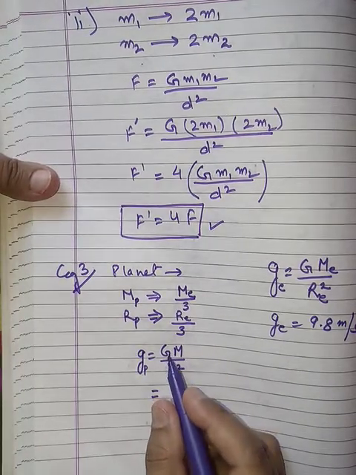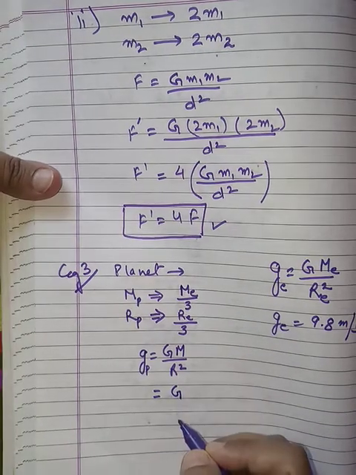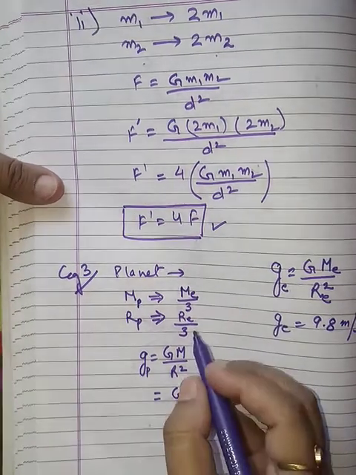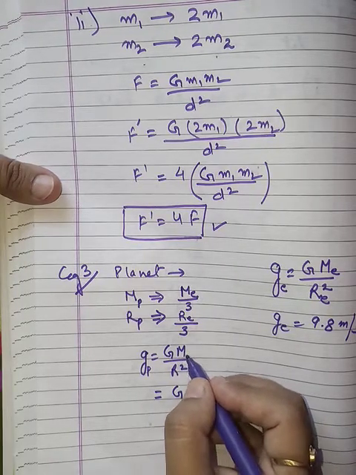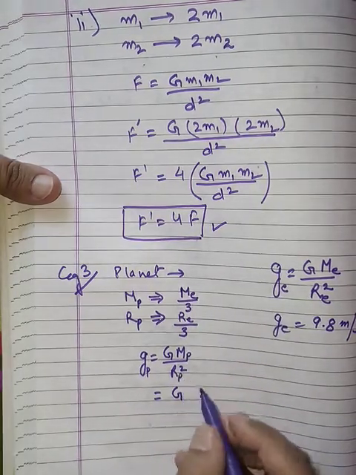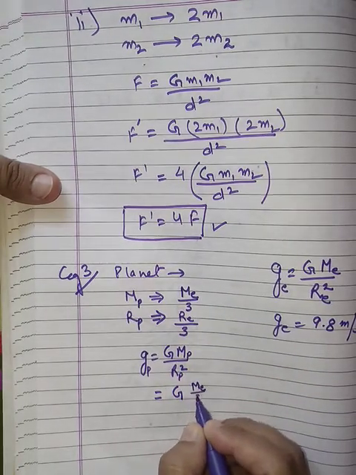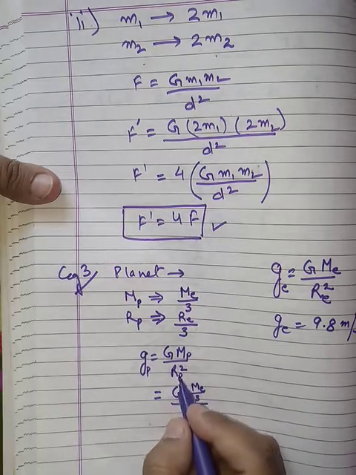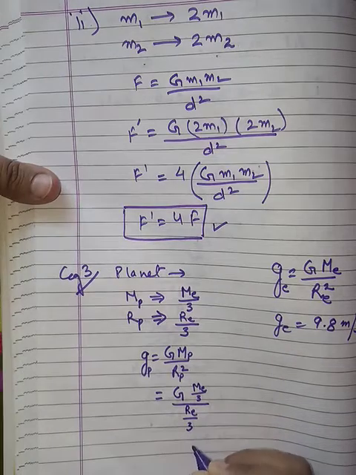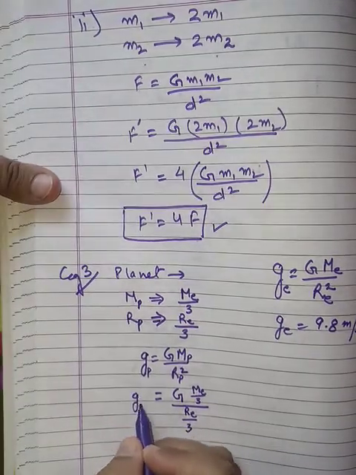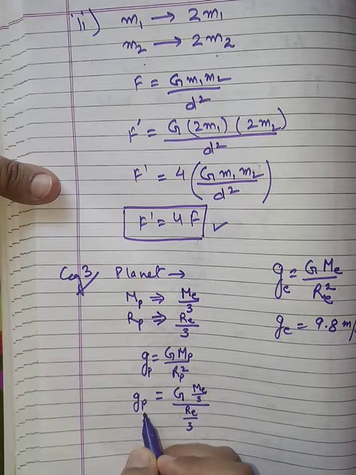Capital G is the universal gravitational constant that will have the same value in the whole universe, that we know. So mass of the new planet, that is MP, will be ME divided by 3, and RP is RE divided by 3. This will give us the acceleration due to gravity on that new planet, that is gP.